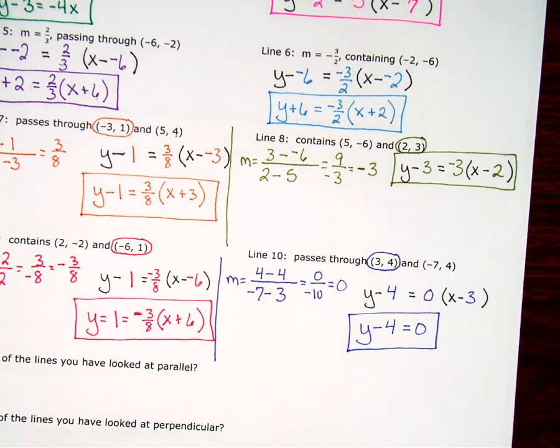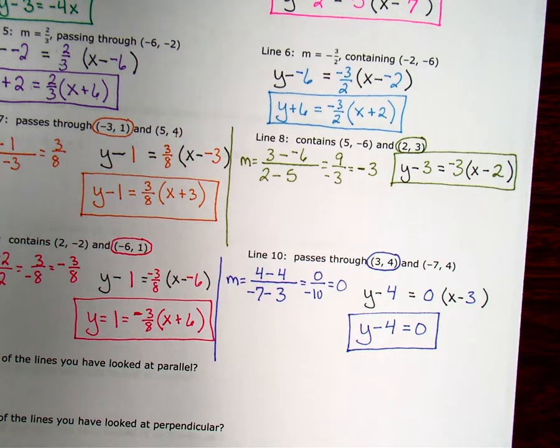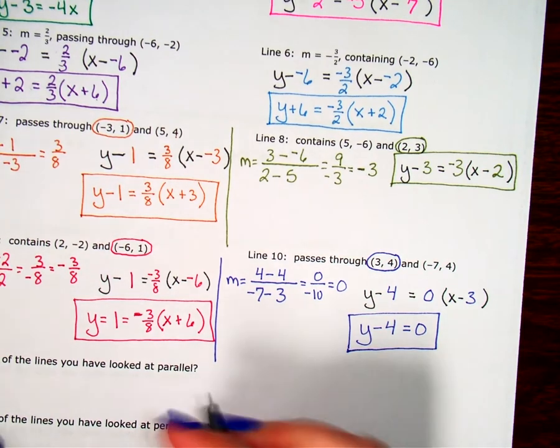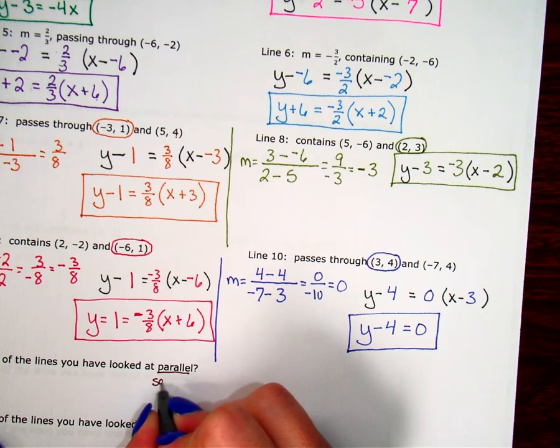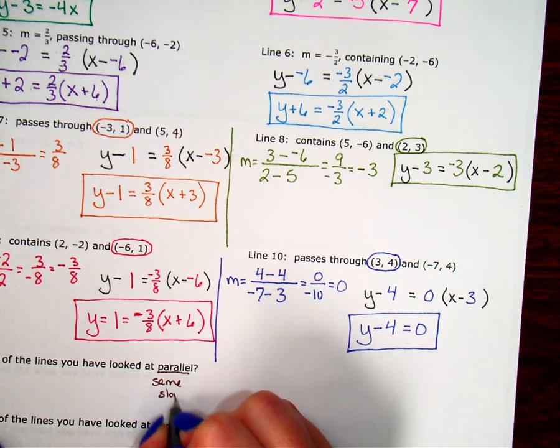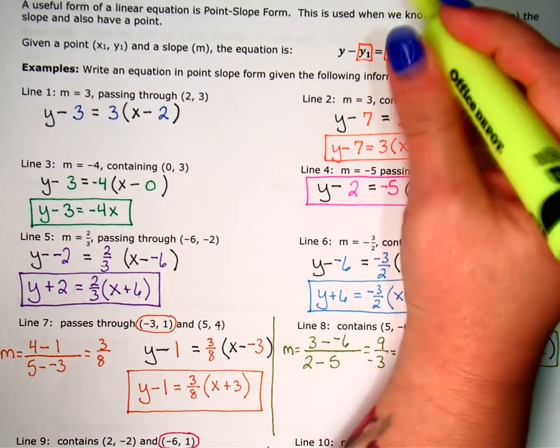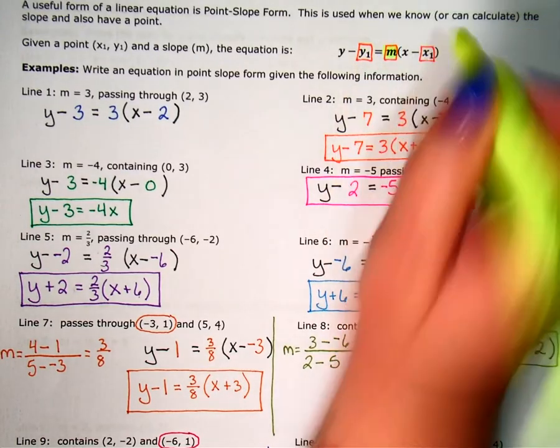Okay? I have 2 questions I want to ask real quick here at the end, and those 2 questions are, 1, are any of these equations parallel? If they're parallel, remember that means they have the same slope. Their slopes are equal. So I need to go back and look at all my slopes. So remember, your slope is right in front of the x values.